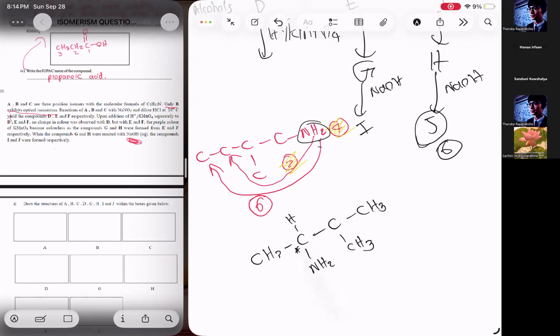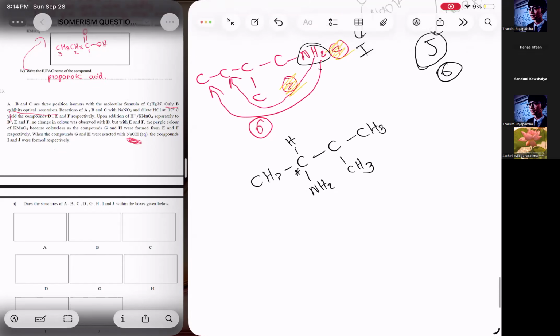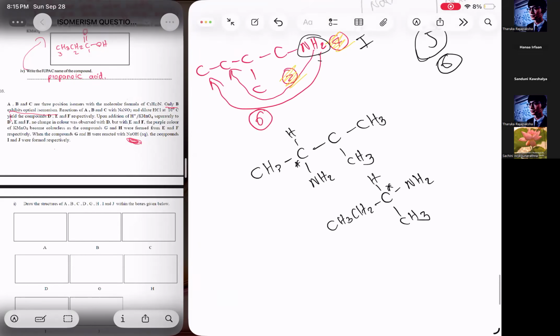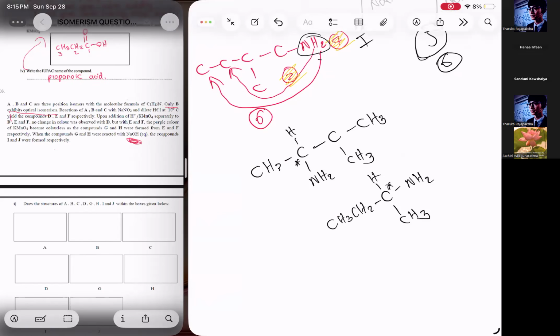This is a chiral carbon, and that's an optical isomer. The fourth one is also an optical isomer: CH3, CH2, C, CH3, NH2. This is also a chiral carbon, and that one also shows optical isomerism. That's the thing I was looking for. J is okay. A and C are okay. The problem is between these two.